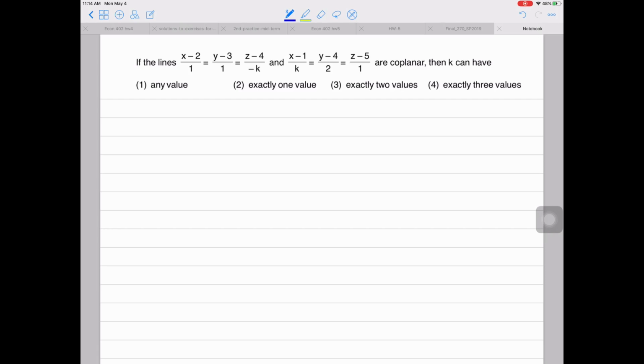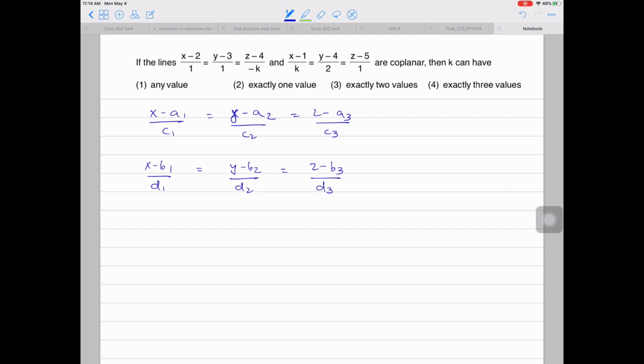So the standard equation of a line goes (x minus a1) over c1 equals (y minus a2) over c2 equals (z minus a3) over c3, and the other line can be written as (x minus b1) over d1 equals (y minus b2) over d2 equals (z minus b3) over d3.